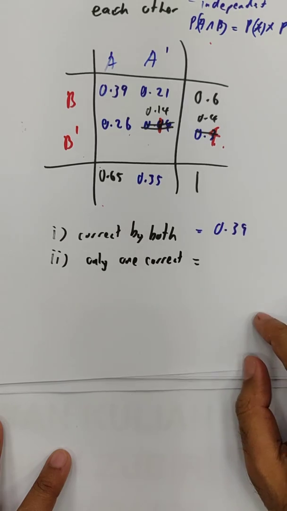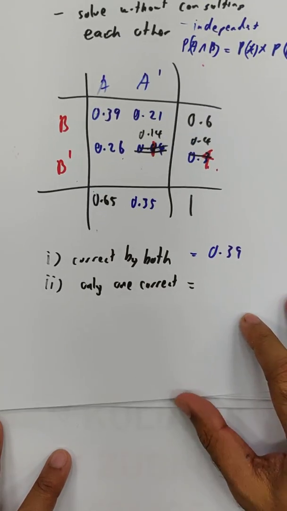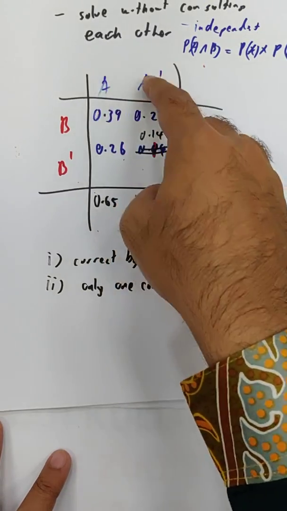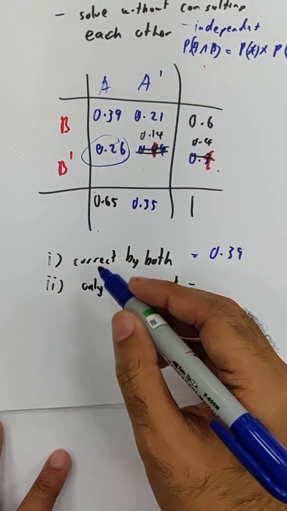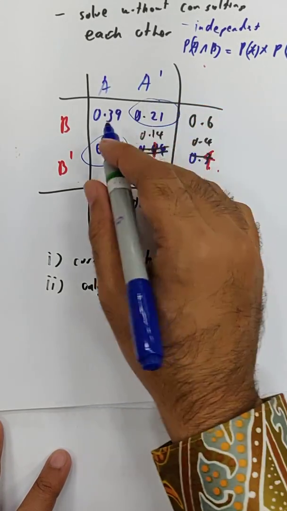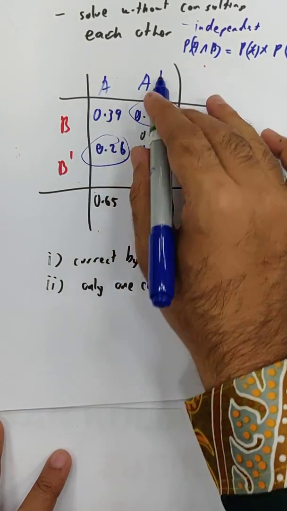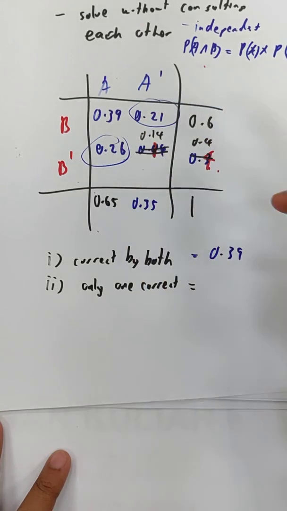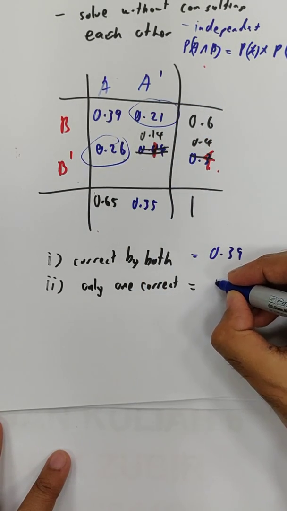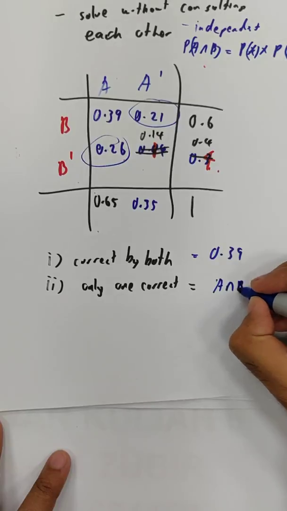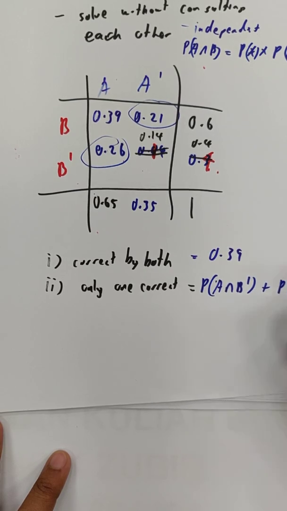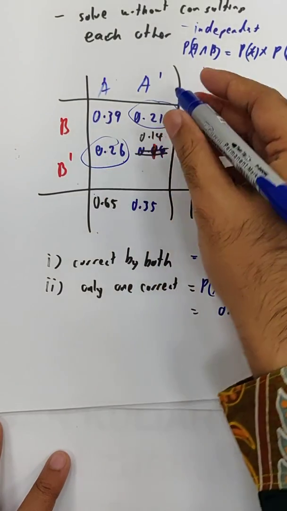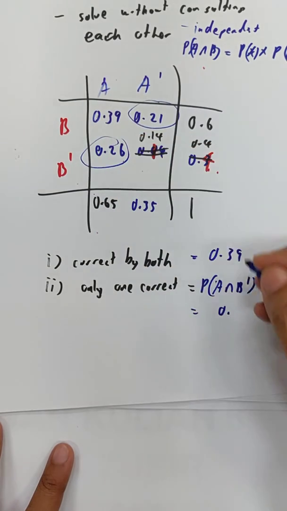Either Aziz is correct, Bong is wrong, or Bong is correct, Aziz is wrong. So you need to add them up. So I can write it down something like this. A intersect B prime.